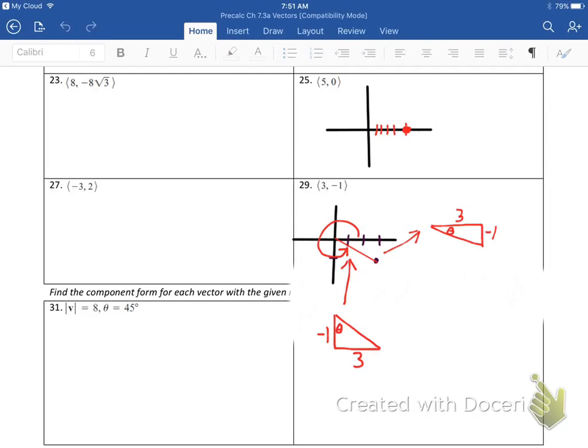That's the point (5, 0), right? So we're talking about a vector that just lays across the x-axis. What's the degree right here? There's a whole bunch of choices, but what's the smallest? Yeah? 0. That would just be 0 degrees. All right? And what would the magnitude be? How long is this line?